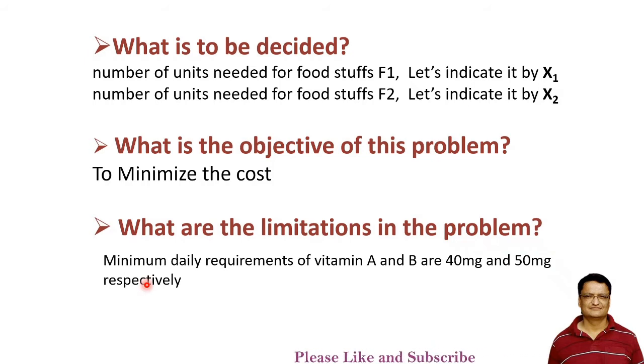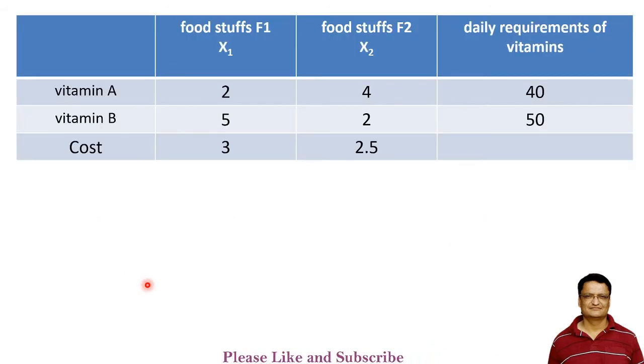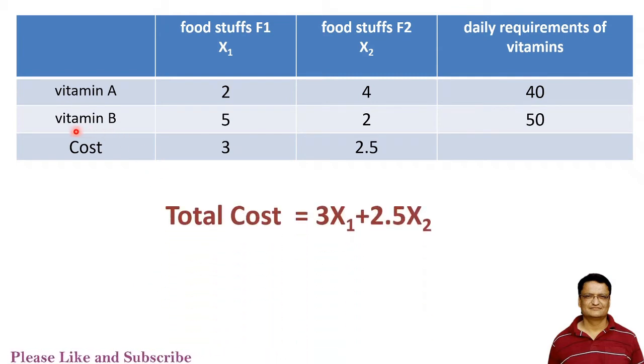Now let us see how we get the objective function in terms of an equation. If I ask you what is the total cost, so total cost will be given by, this is the cost of producing x1. This 3 is the cost of producing 1 unit of foodstuff F1 and we want to produce x1 number of units, so the total cost will become 3x1.